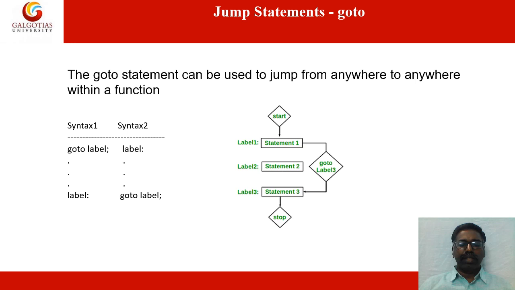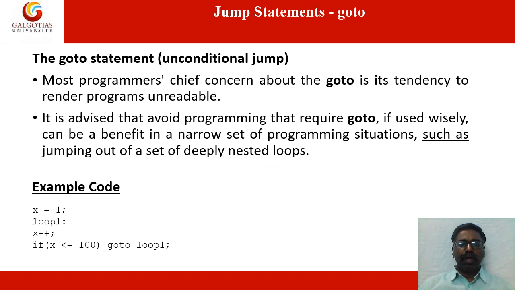The flowchart and syntax of the goto statement are given below, and the goto statement can be used to jump from anywhere to anywhere within the function. That means it can jump from top to bottom or from bottom to top. According to your program's need, we can make use of the goto statement along with the label. The goto statement is also called an unconditional jump.